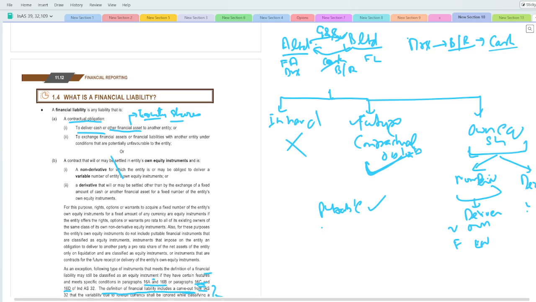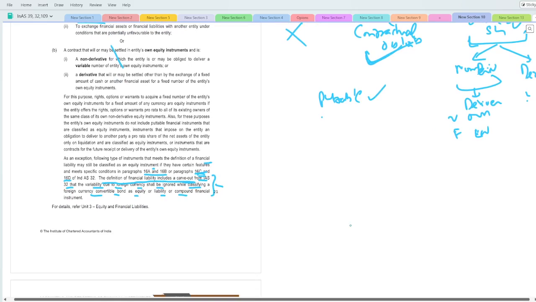Now, the definition of the financial liability includes a carve out from IAS 32. IAS 32 is the accounting standard under the IFRS world. A carve out means that Ind AS 32 has a different rule here compared to IAS 32. Here it says the variability due to foreign currency shall be ignored while classifying a foreign currency convertible bond as equity or liability of the compound financial instrument.